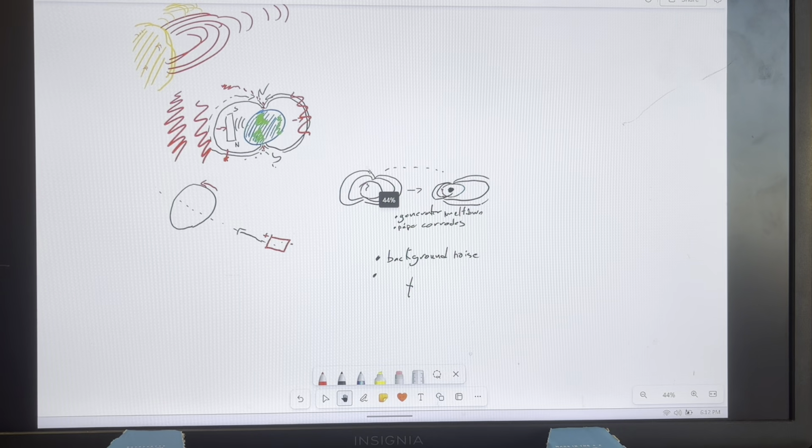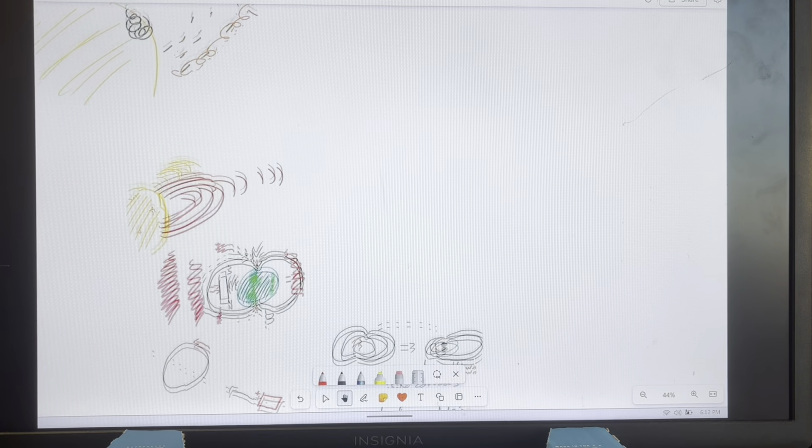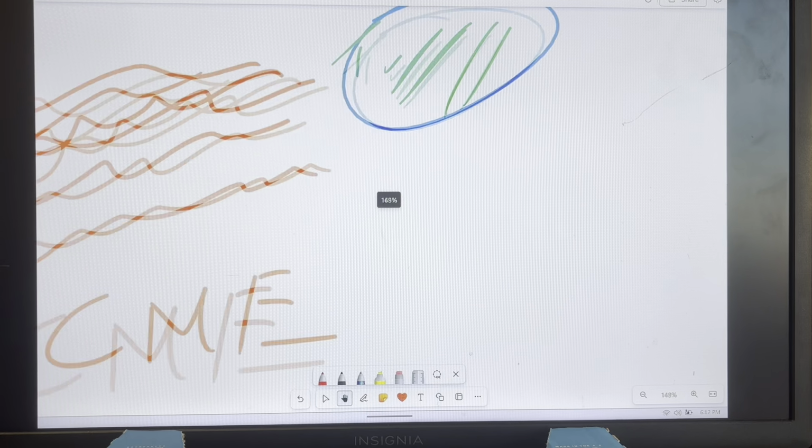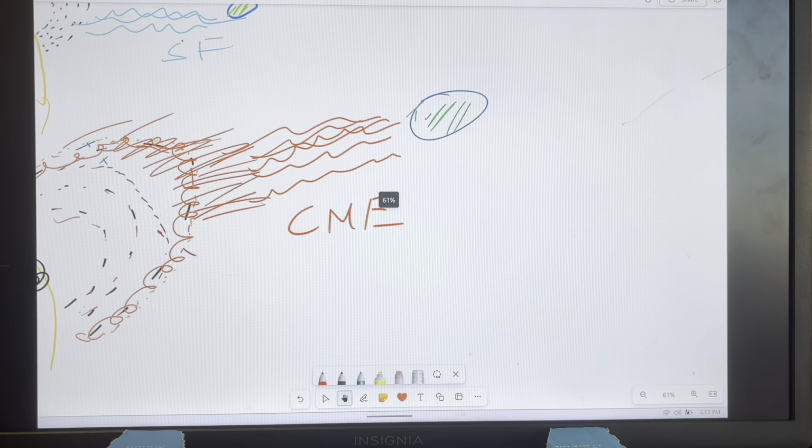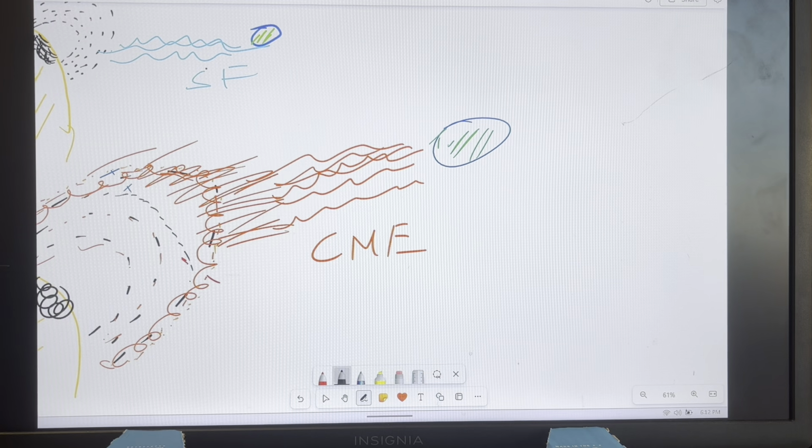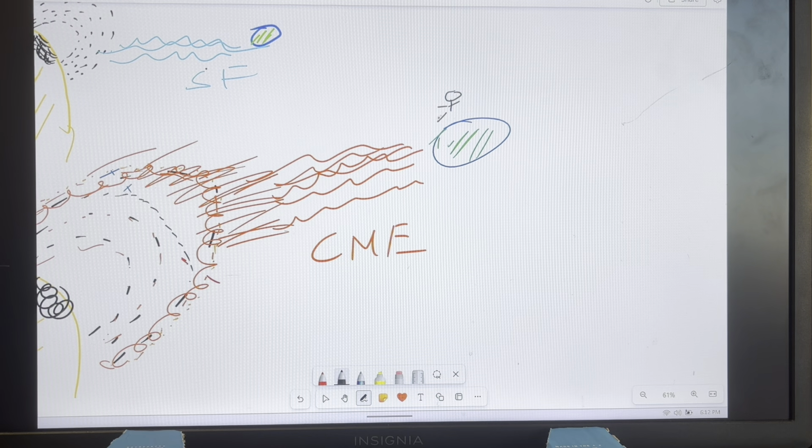Let's see, where should we go? We'll go right over here. Perfect. So we have the CME, we have all these particles right here. Now, let's say I draw a little dude right here, with a nice little helmet. That's an astronaut.